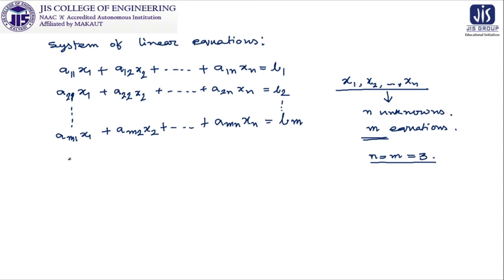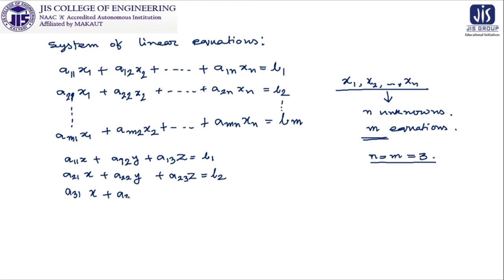Suppose I am writing it as a11x plus a12y plus a13z is equal to, suppose, b1, a21x plus a22y plus a23z is equal to b2, a31x plus a32y plus a33z is equal to b3.